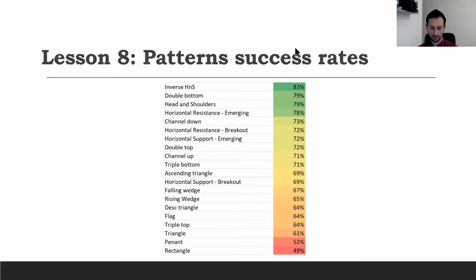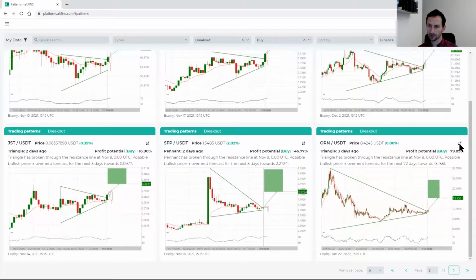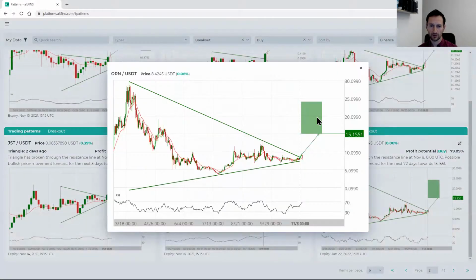ascending triangles. But as you can see, there is a triangle breakout here with potentially a pretty big upside. Wow, this is a very big triangle, forming for 9 months. Okay.